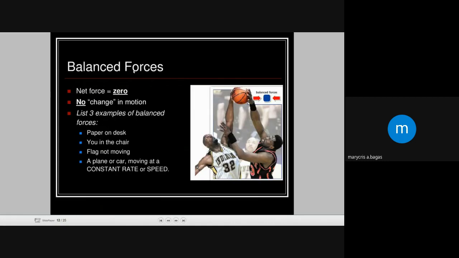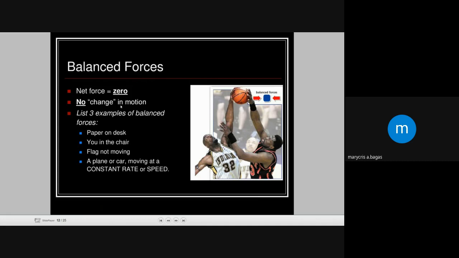Okay, balanced forces. Look at the picture. Look at these basketball players. They have balanced force toward the ball. Net force: if the forces are balanced, the net force is 0 newtons.